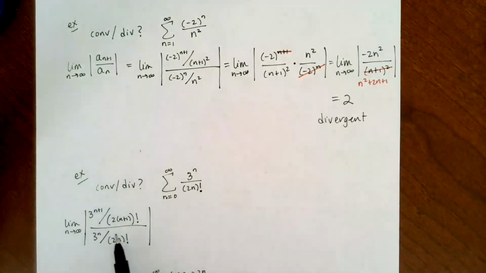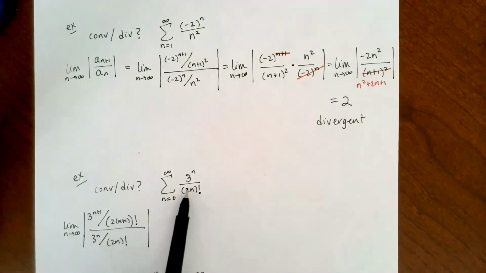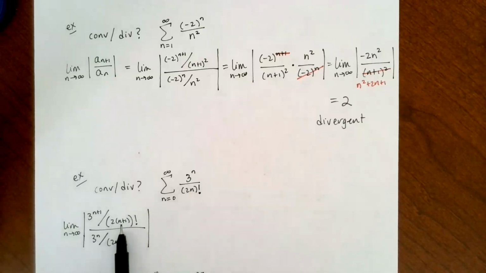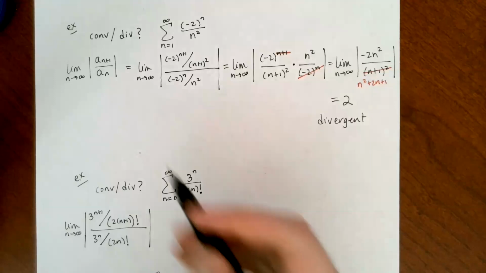So I'm going to write this as times the reciprocal of this denominator to get the following. I also want to point out before we get too far that when I plug n+1 into this (2n)!, it has to hit the times 2 first. So we get 2 parentheses n+1. So really this is (2n+2)!.